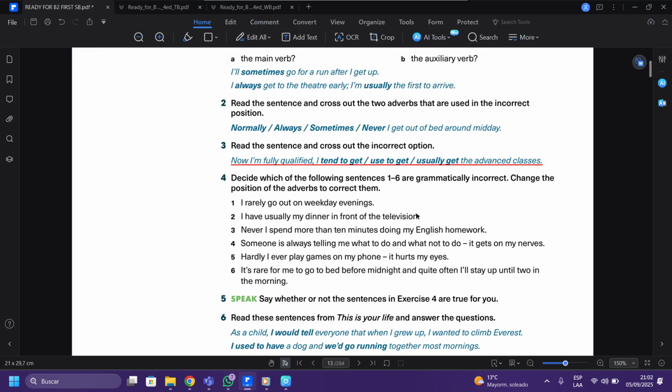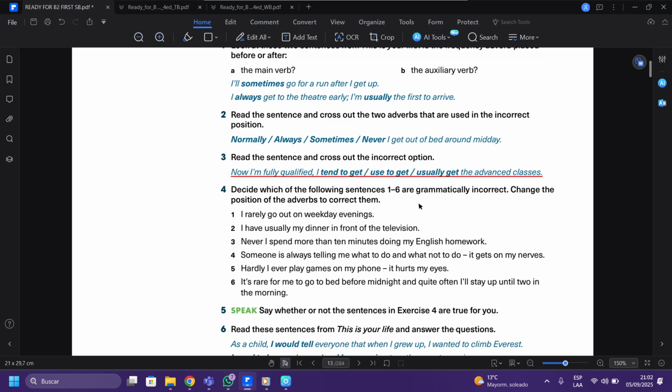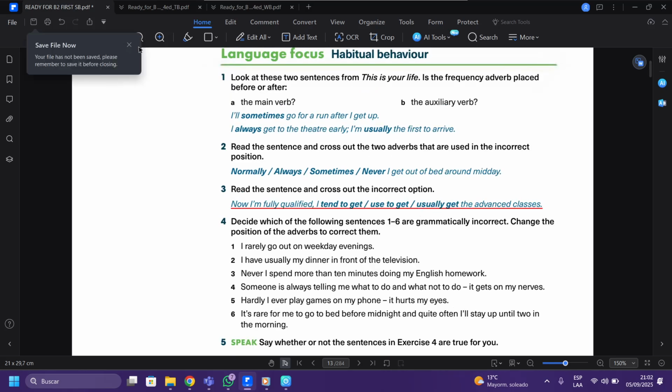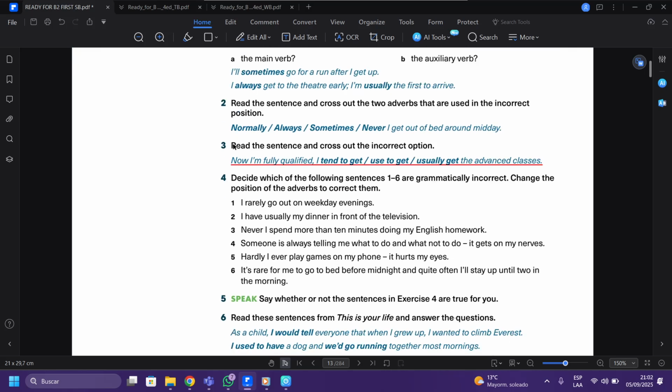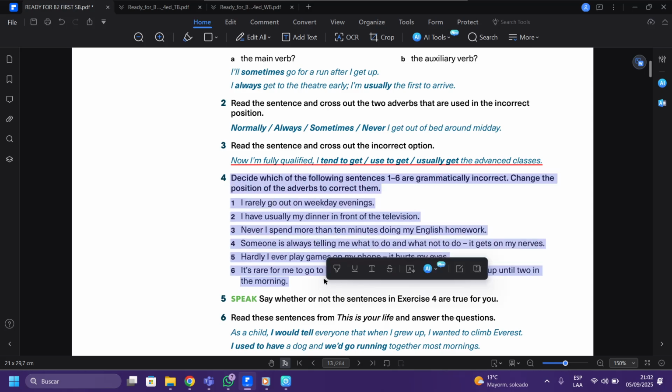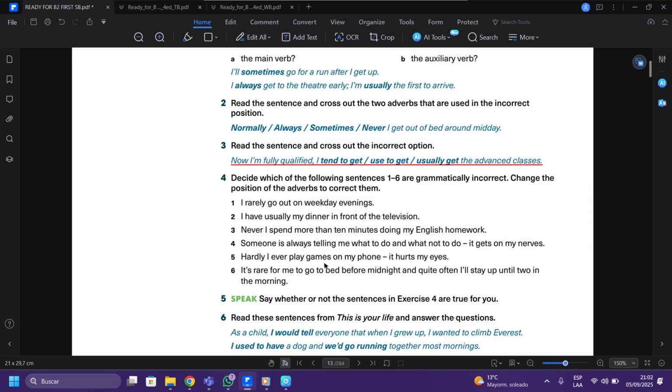This is the number three. No, we're in the exercise number 3. In this part that says read the sentence and cross out the incorrect option. Because that part that you told me is in the exercise number 4. Later on, we're gonna go over it. Okay?